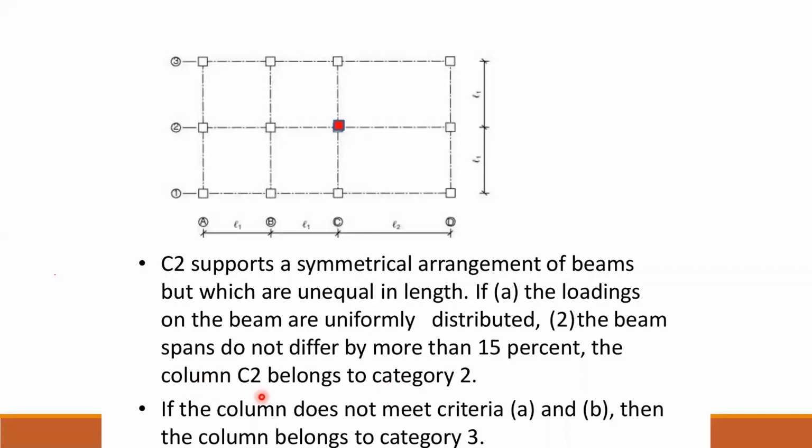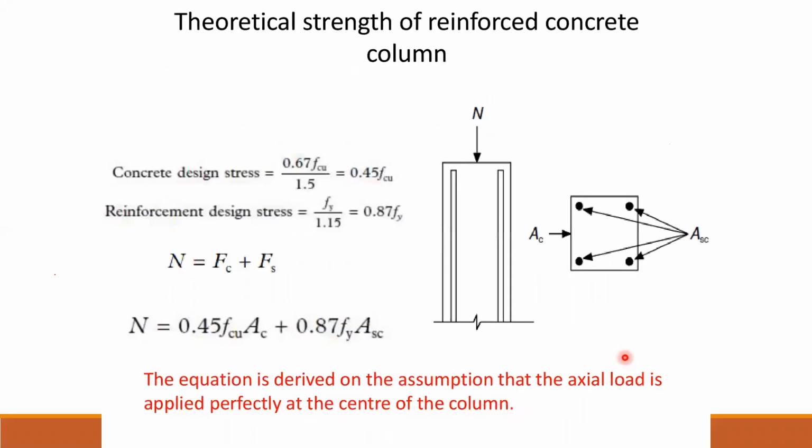If the column does not meet criteria A and B, then the column belongs to category 3. Look at the theoretical strength of the concrete column. This has been given. The concrete design stress is 0.67 fcu over 1.5, which is 0.45 times fcu.